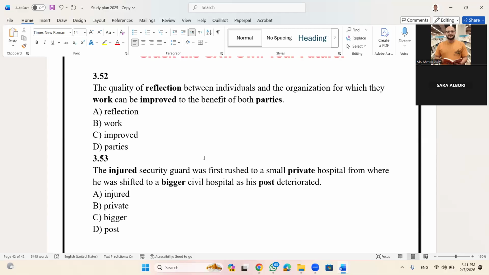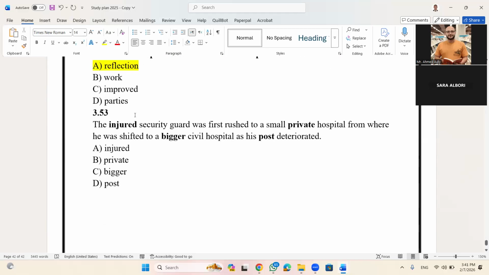I think it's reflection. Perfect. The quality of connection, interaction, cooperation, collaboration.